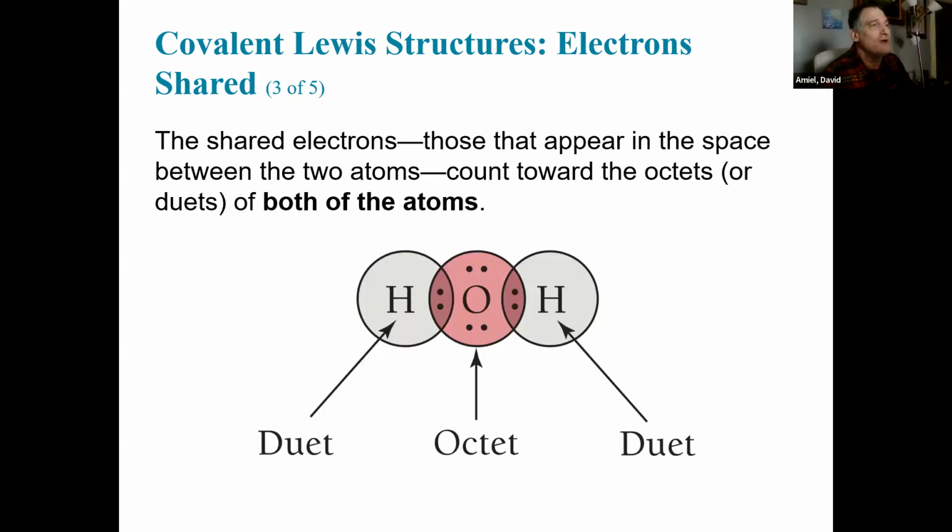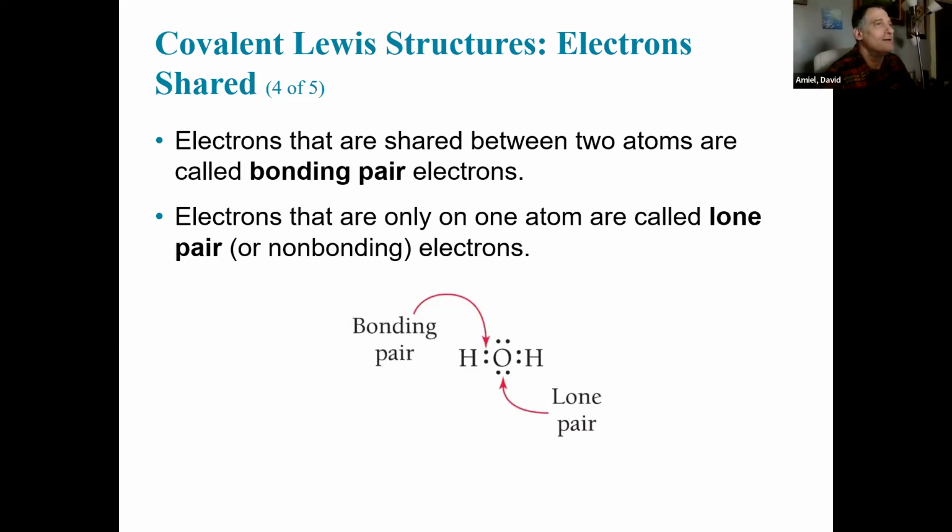Here you're seeing another representation of the Lewis structure showing how all the atoms have either octets or duets. The electrons that are shared are called the bonding pair. They're involved with bonding, and oxygen has two lone pairs that are not bonding.